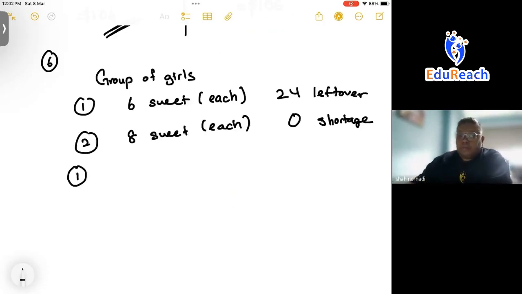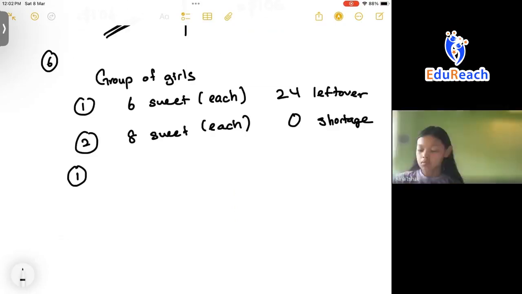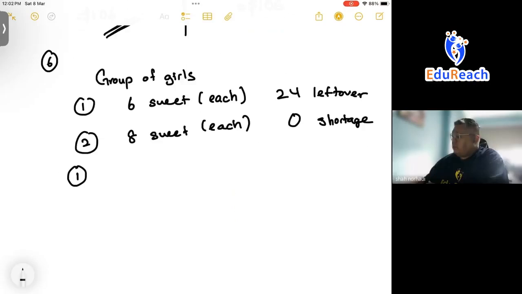What must we do with shortage and leftover? We must plus, right? So we will do 24 plus 0, which will still give me 24. This is step 1.